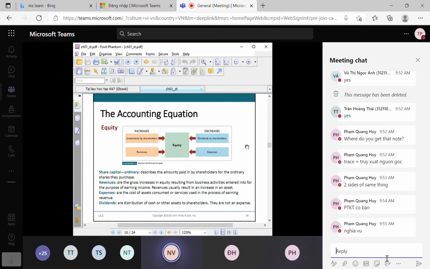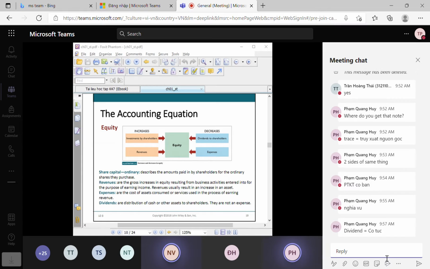The first one, investment. I invest some amount, investment. The next one, dividend. Dividend is the amount the company will pay to you after they get the profit from doing business in 1 year.